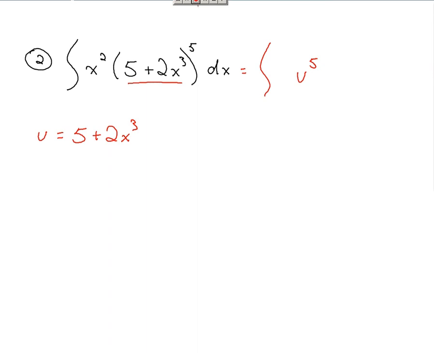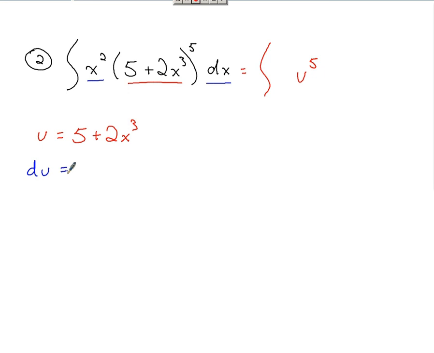All right, so now we want to replace the x squared and the dx somehow. So what we do is we go back to our newly defined variable u, and we take the derivative of that equation. When I take the derivative of u, I get 1 du, because I took the derivative of u.